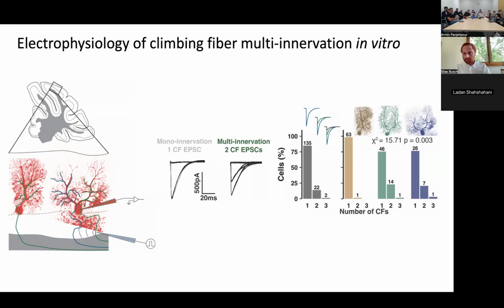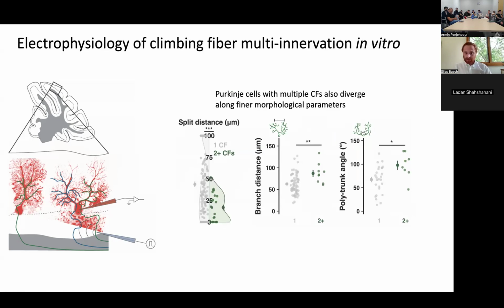And this is done with a sufficient sample size to really give us some representation of how frequent this is. And so among those cell types, it's around a quarter of cells that appear to get multiple climbing fiber input.